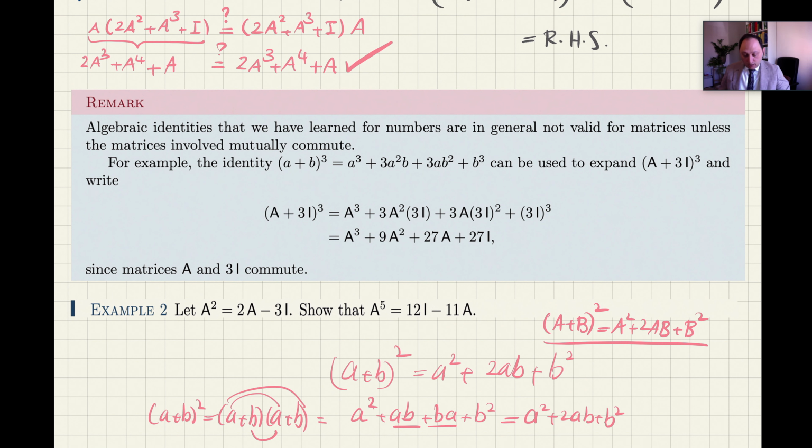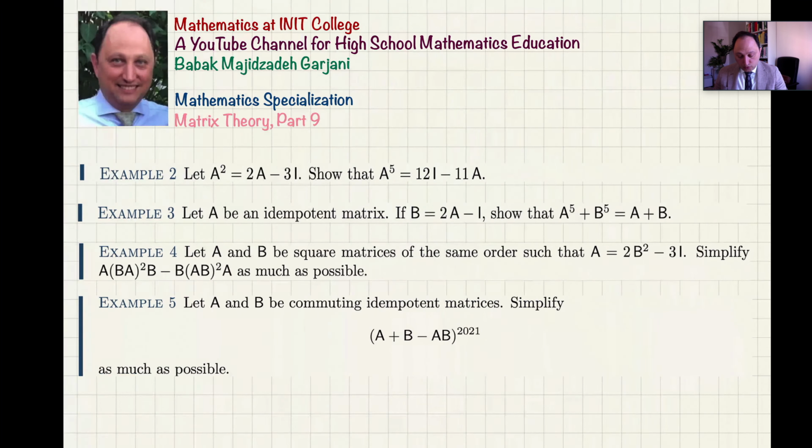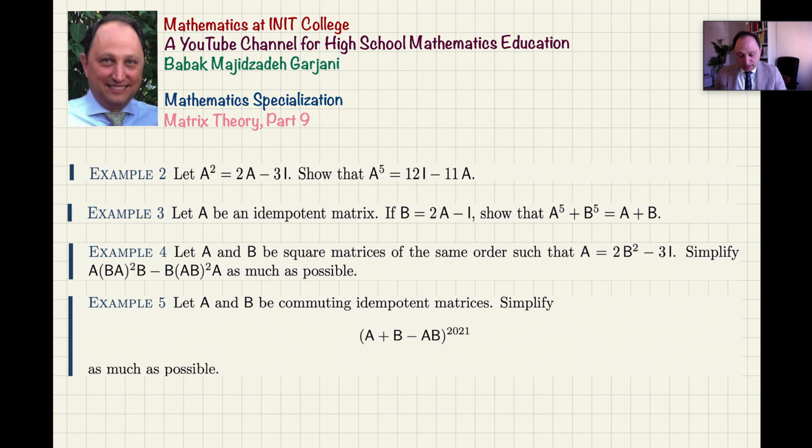Okay, good. Is it clear? Now let me just show you a page here. I have written these examples 2, 3, 4, 5. They might be a little bit challenging. They are not that challenging, but it depends how experienced you are in matrix theory. So there are 4 problems here.